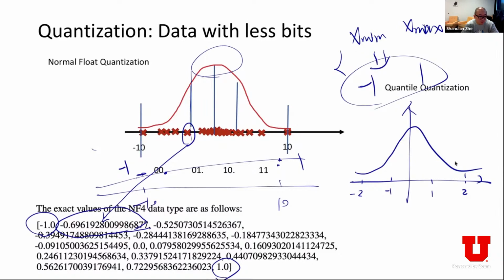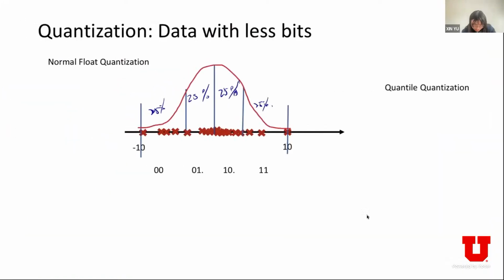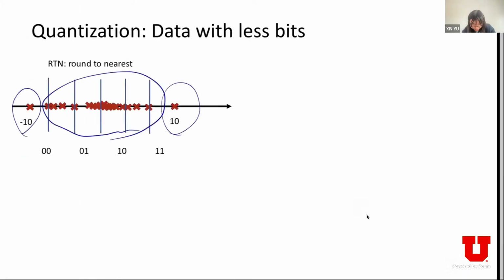Where did they publish this work? QLoRA, I think, published it's not NeurIPS this year. I mean, this method, the very method you're just talking about now, the quantile. Oh, quantile quantization is in the previous paper.